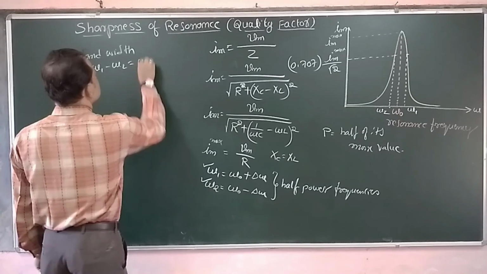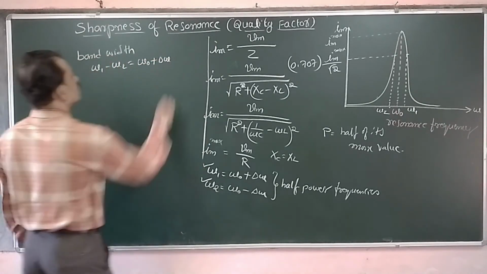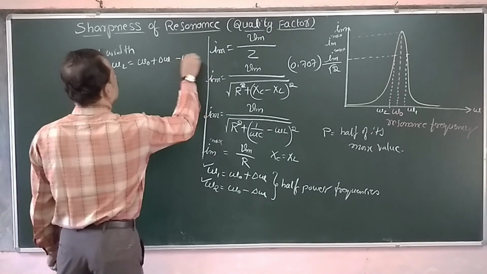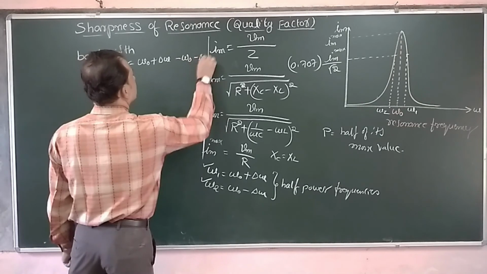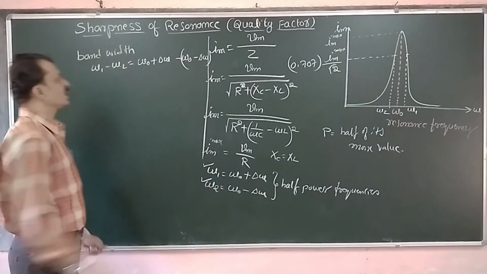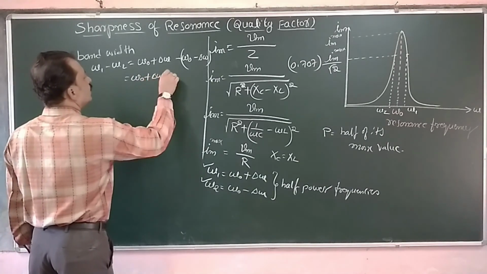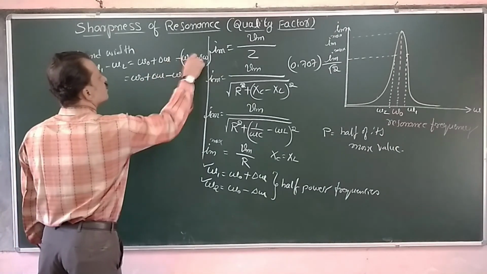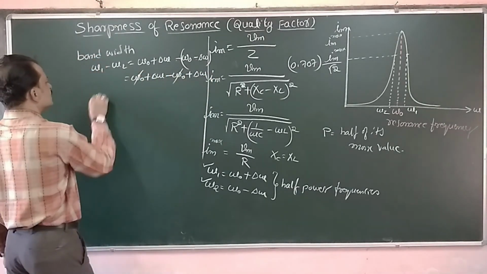Now omega 1 is omega naught plus delta omega, and omega 2 is omega naught minus delta omega. If you simplify, omega naught plus delta omega minus omega naught plus delta omega: the omega naught terms cancel.